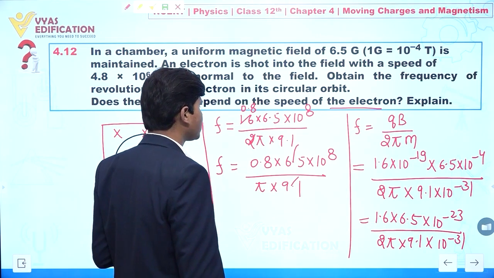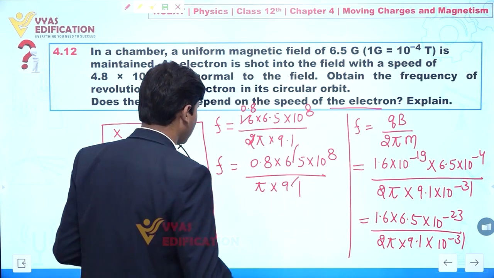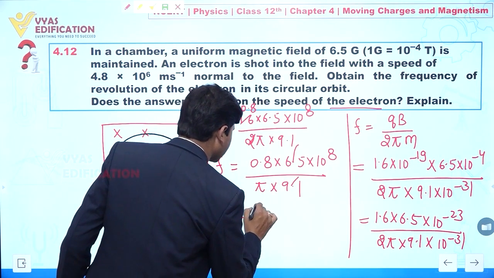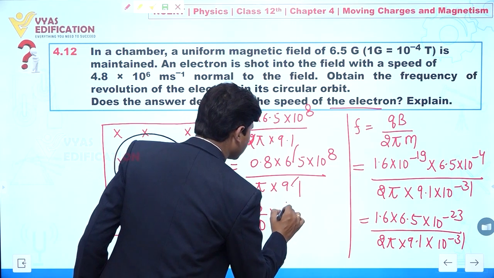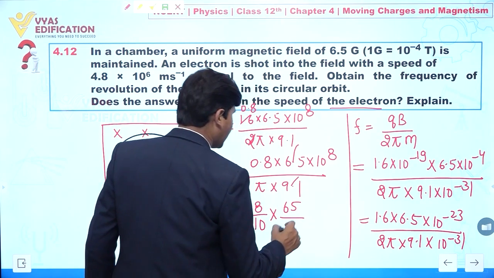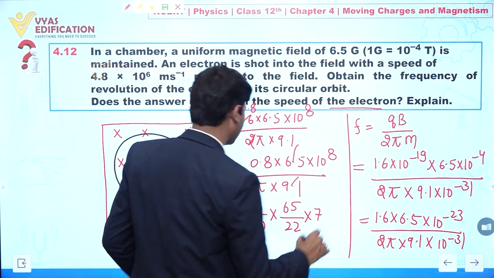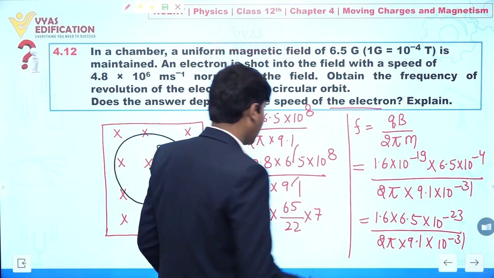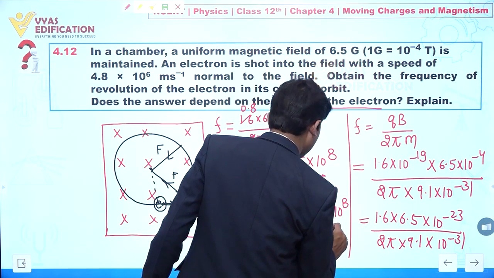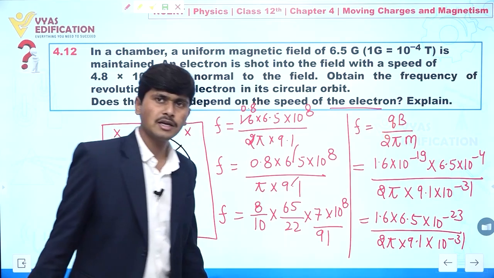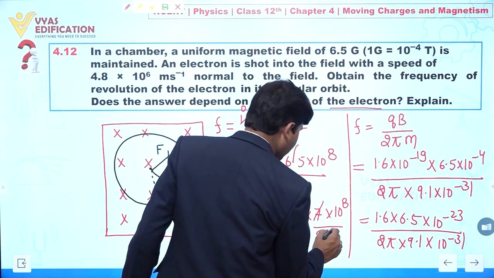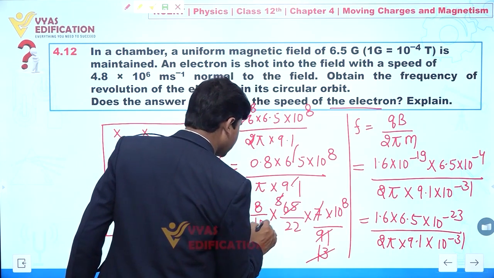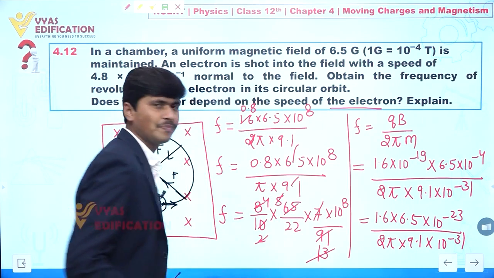So f should be equal to, I am just writing like this, 8 by 10 into 65 divided by pi, which I can take as 22 by 7, times 10 to the power 8 divided by 91, clear. Now we can write these numbers and cancel common factors, clear everyone.